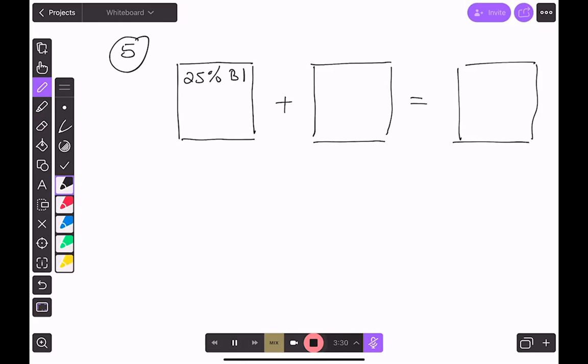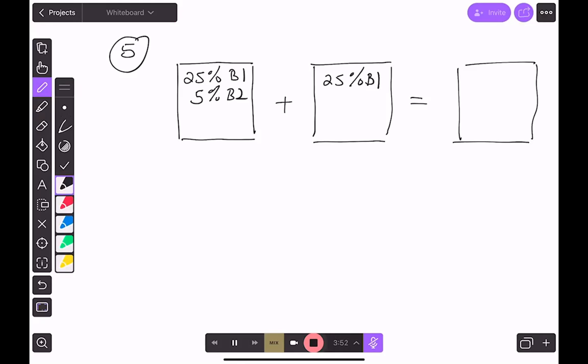And it's 5% B2. That doesn't look right. I'm just going to erase that a little bit. Okay, the next one is 25% B1. Again, I'm just reading.